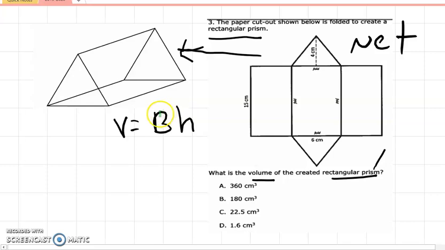So I'll highlight the capital B because that's the area of the base, and this is the height of the prism. Now we need to figure out what my bases are. In this case, the bases are these triangles at the ends. These are my 2 bases.